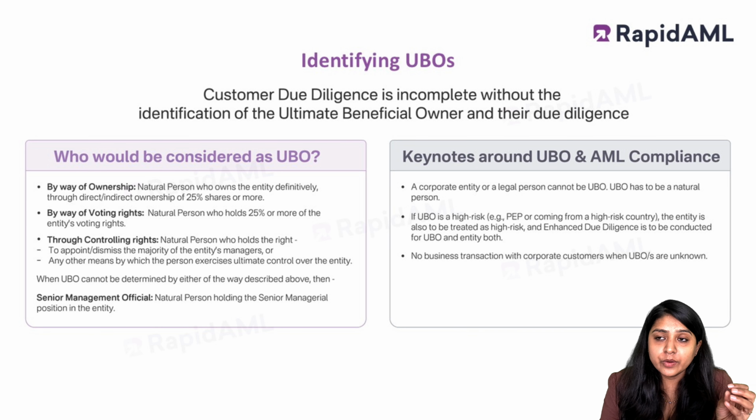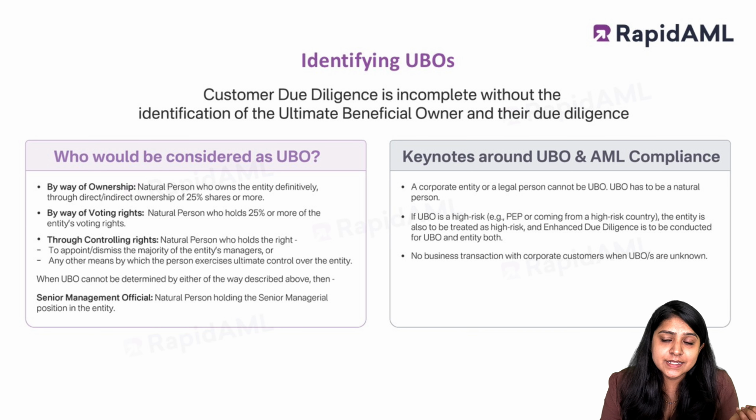Controlling rights here means that a person has the power to appoint the majority of managers, whether it's appointment or dismissal. Any person who is exercising the ultimate control, so major decisions in the organization are influenced by that person, could be considered as the UBO.